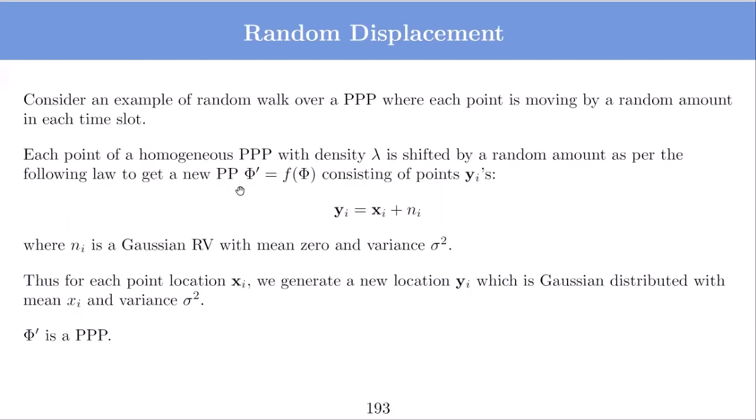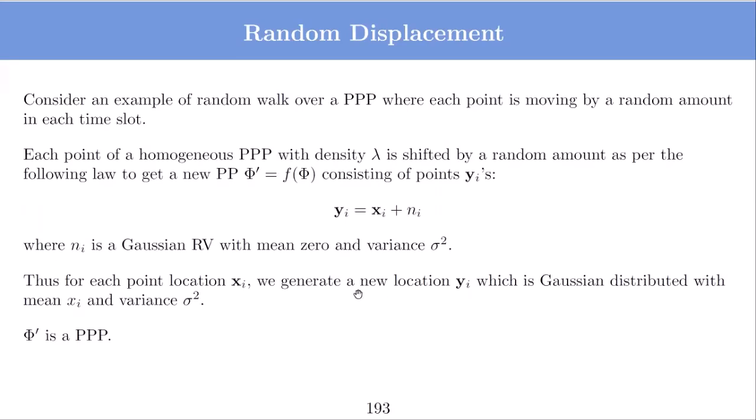So there are time steps. At the ith time, if the location is xi, the next time the location would be xi plus ni, where ni is a Gaussian random variable with some mean and variance. So every time the point moves around with a step which is Gaussian distributed.